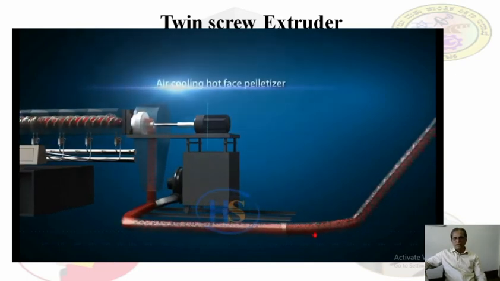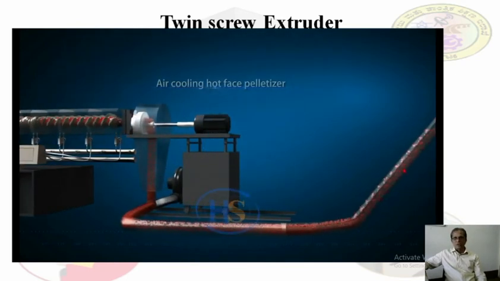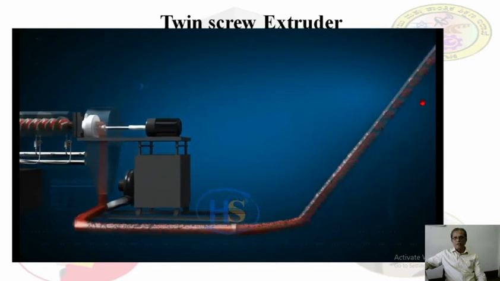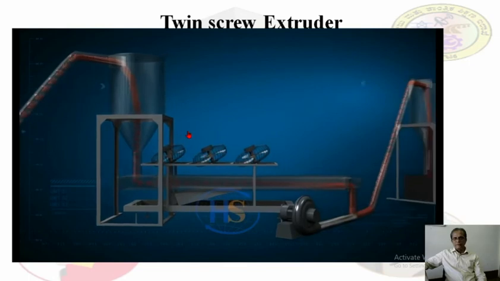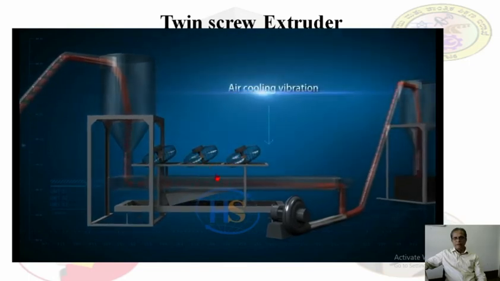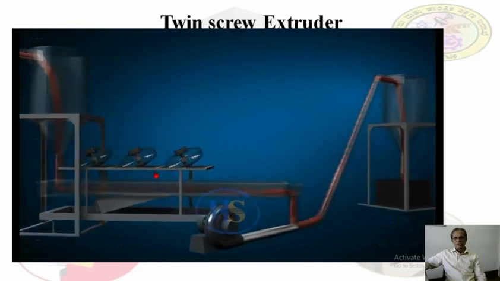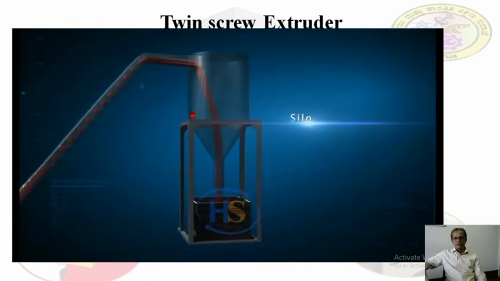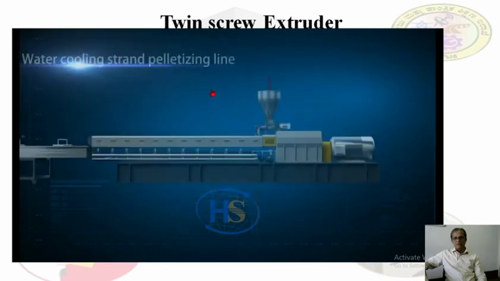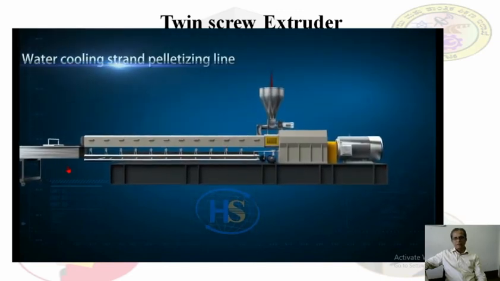Then it is going to pass through and is taken for cooling, and air cooling takes place, and due to the vibration the pelletizing takes place, and then it is packed.